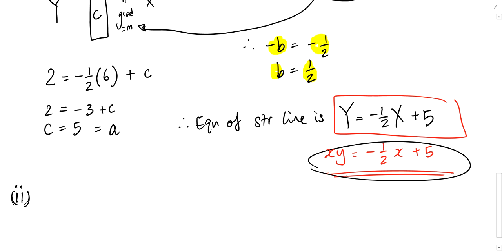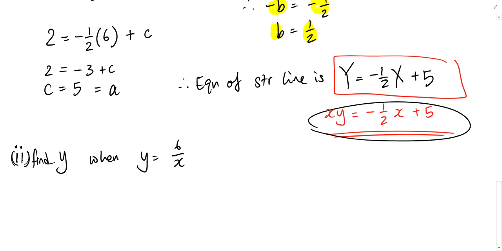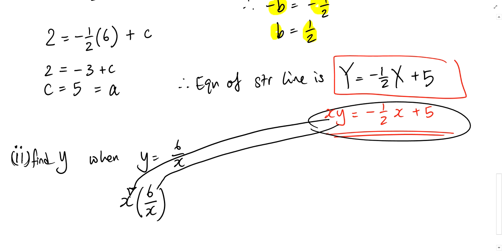Okay, so every time you see the y, find y when y equals to 6 over x. Just do substitution. Okay, I'm literally copying down. And then y is 6 over x equals to negative half x plus 5.